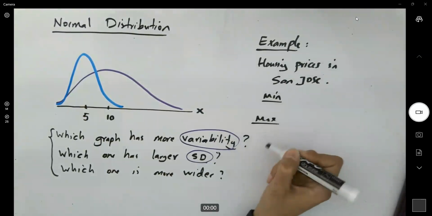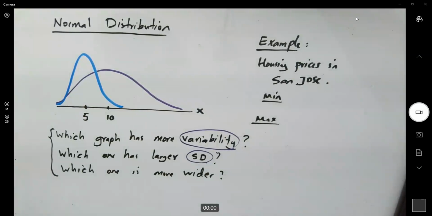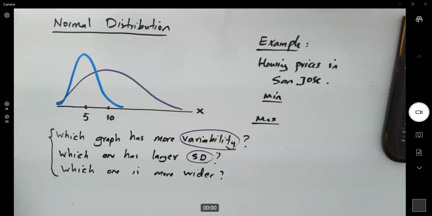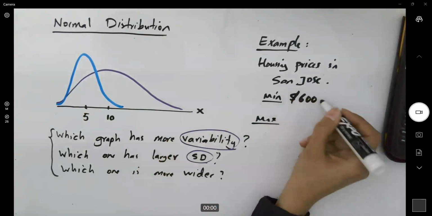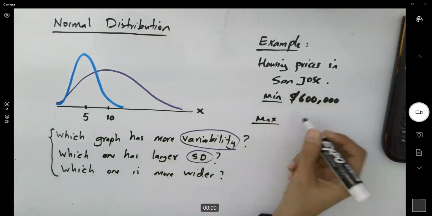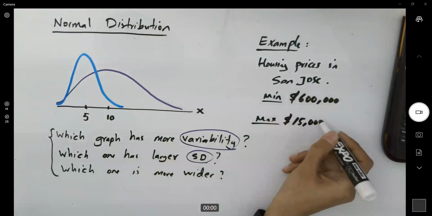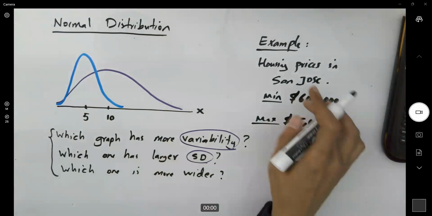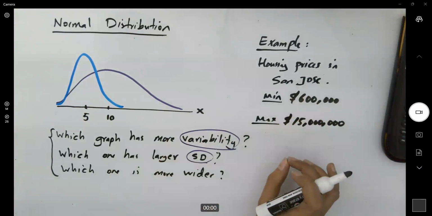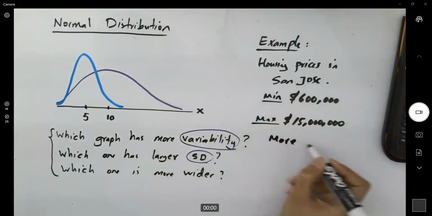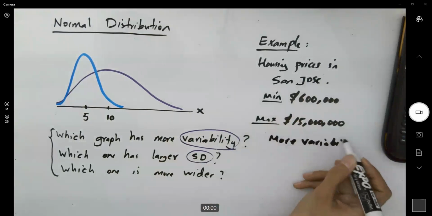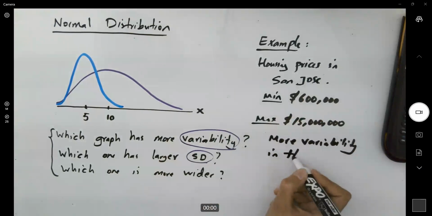What is the maximum value you see? Are they close to each other, or far away from each other? As you saw, you had variability from 600,000 to 15 million. It means that the distance between the data is a lot. So we have more variability in the data.